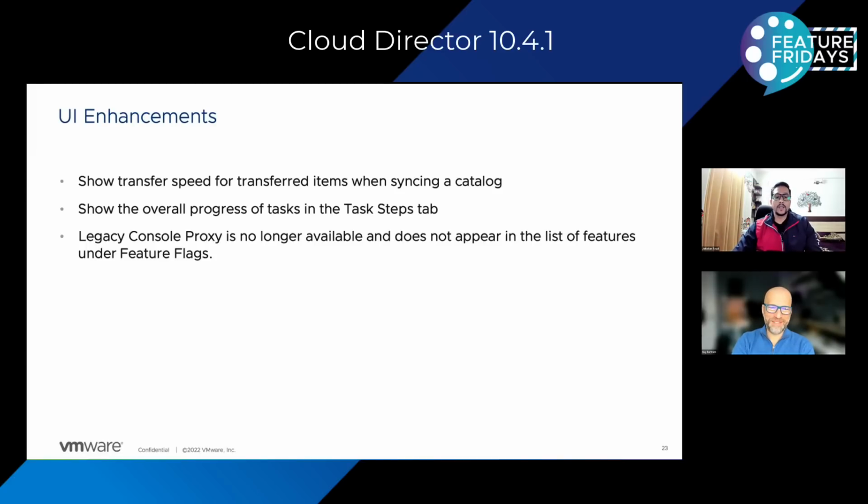It's taken a long while to get rid of the legacy console, isn't it? But finally, we have done it. Yeah, it's done at last. It was a tedious task to have a separate certificate mechanism for your console proxy, separate mechanism for other things. So now it's all HTTP, which is good.